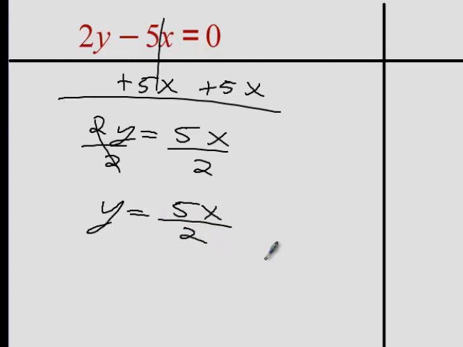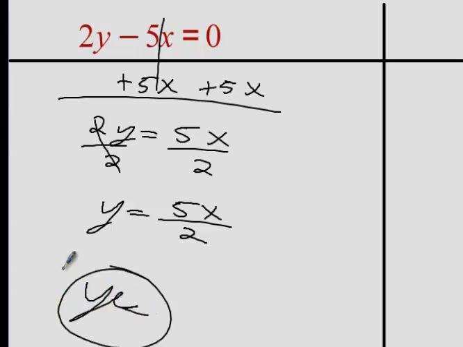Y equals 5x over 2. Do you think that represents direct variation, yes or no? Yes, it does. Do I know what the K is? K is just some number, right? So if I get some number times x, I'm good, right?